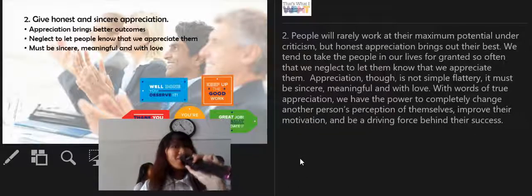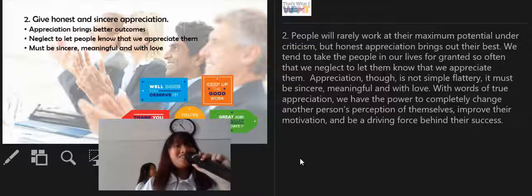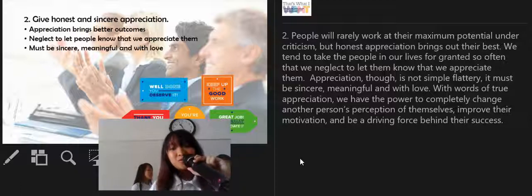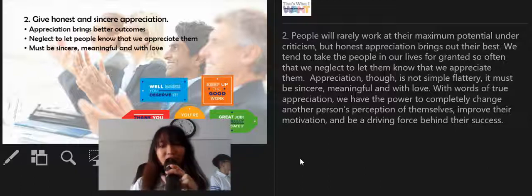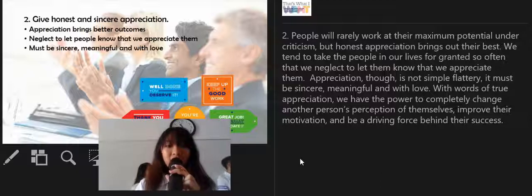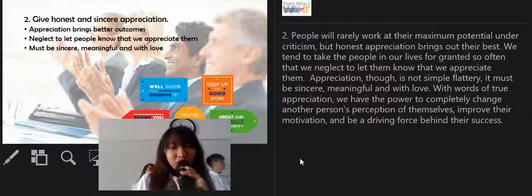Secondly, give honest and sincere appreciation. People will rarely work at their maximum potential under criticism, but honest appreciation brings out their best. We tend to take the people in our life for granted so often that we neglect to let them know that we appreciate them.